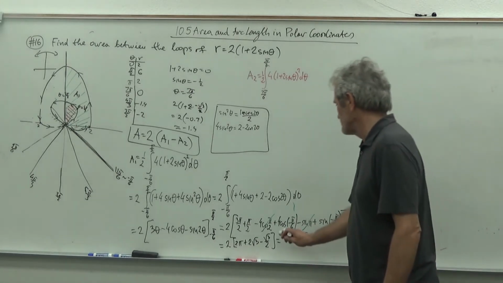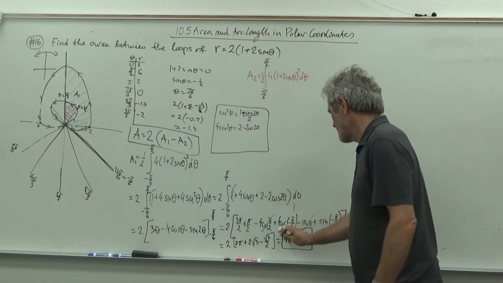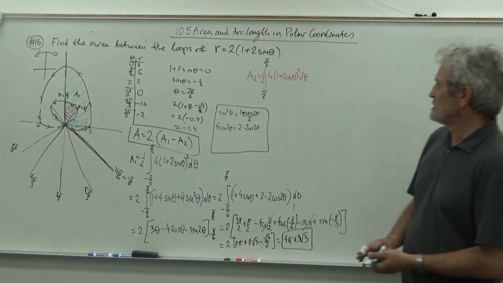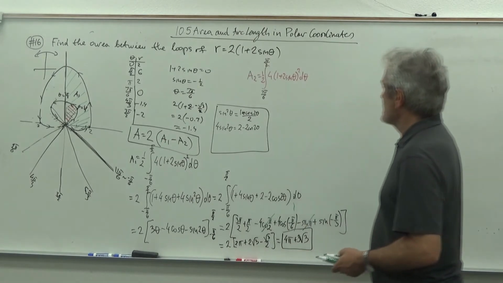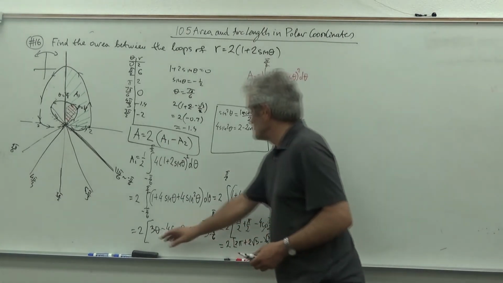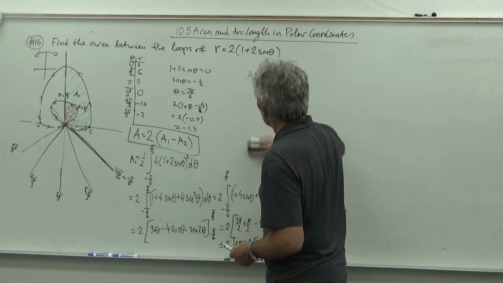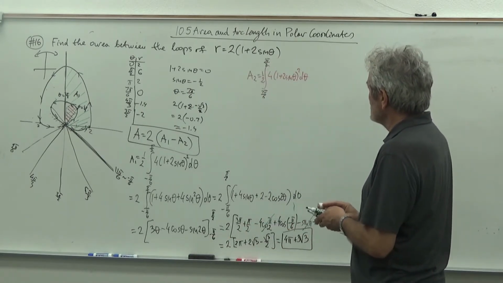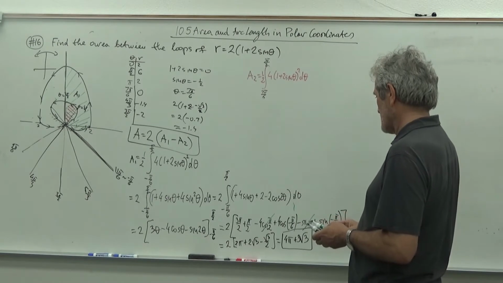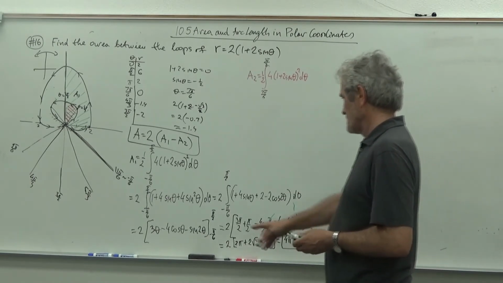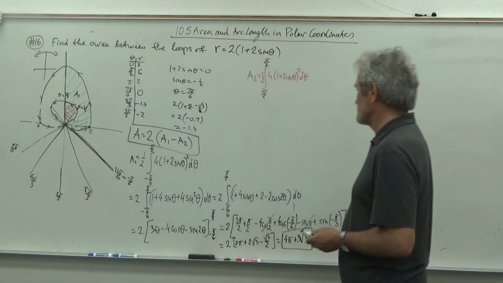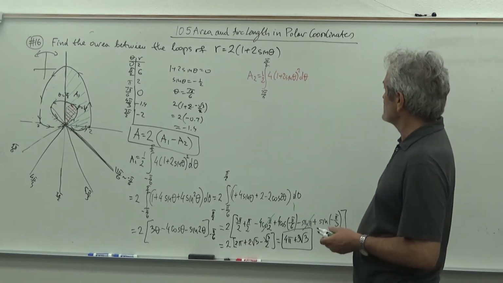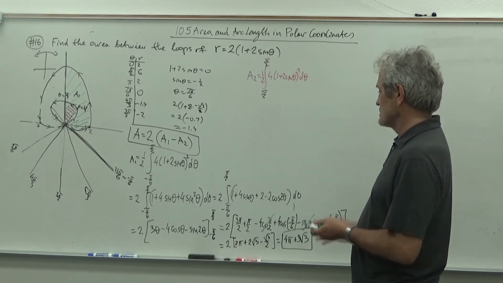So that's our A1 that we need here. Now we need A2. The good news is that basically I can copy all this all the way to here because I'm integrating the same function and then just use different limits.